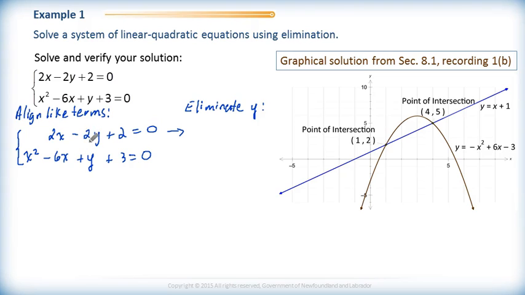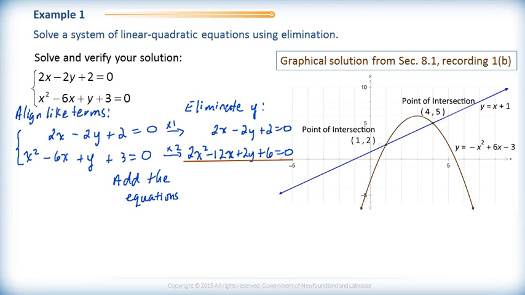This one already has a negative 2y. I'll make this one a positive 2y. So I multiply that entire equation by 2, and I've got 2x squared minus 12x plus 2y plus 6 equals 0. Meanwhile, the first equation only needs to be multiplied by 1, really. And I've got 2x minus 2y plus 2 equals 0 there.